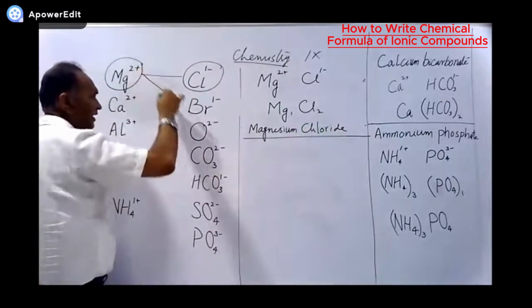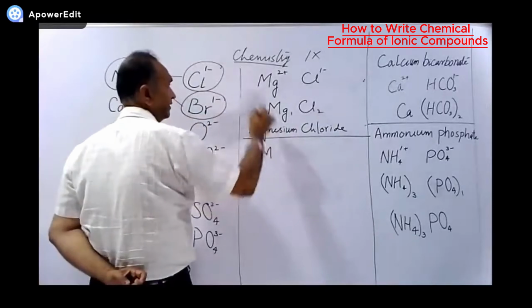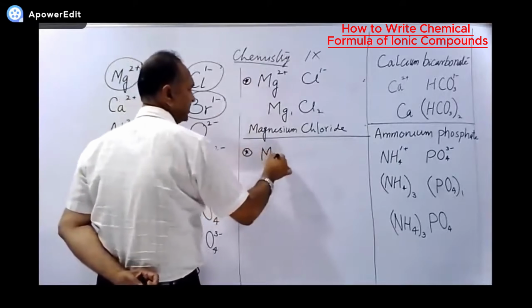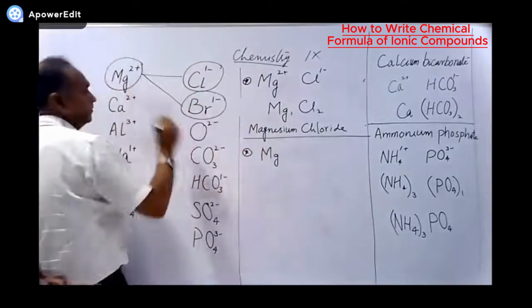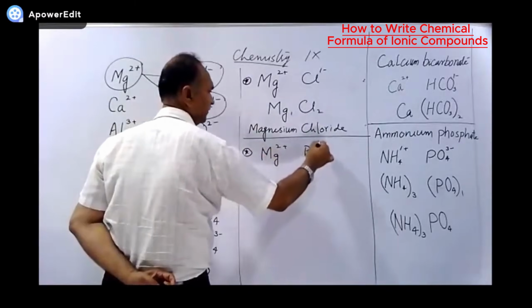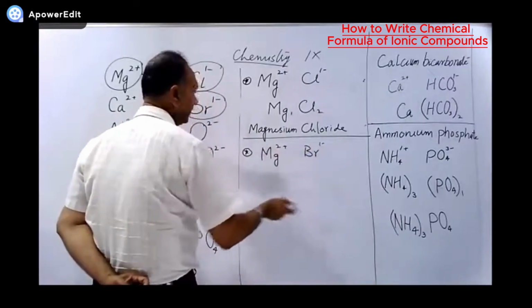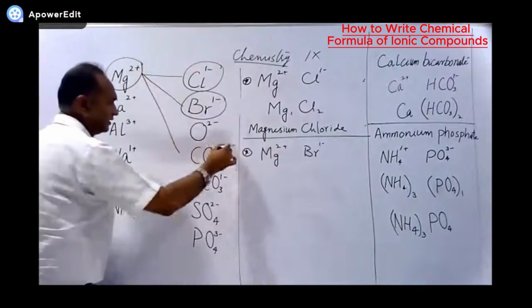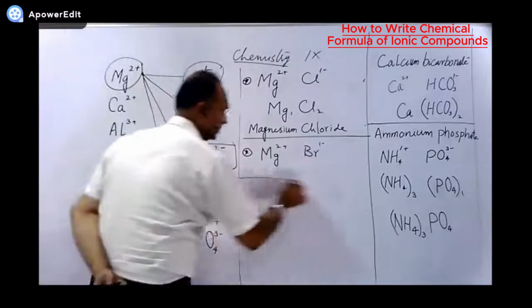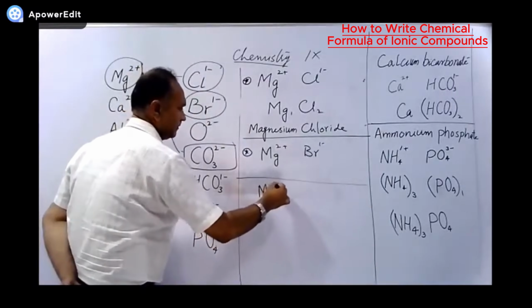Now I will make another one. Magnesium, and then the next one. Okay, I will write its name, magnesium bromide. Then with this one, then with this one, this one.